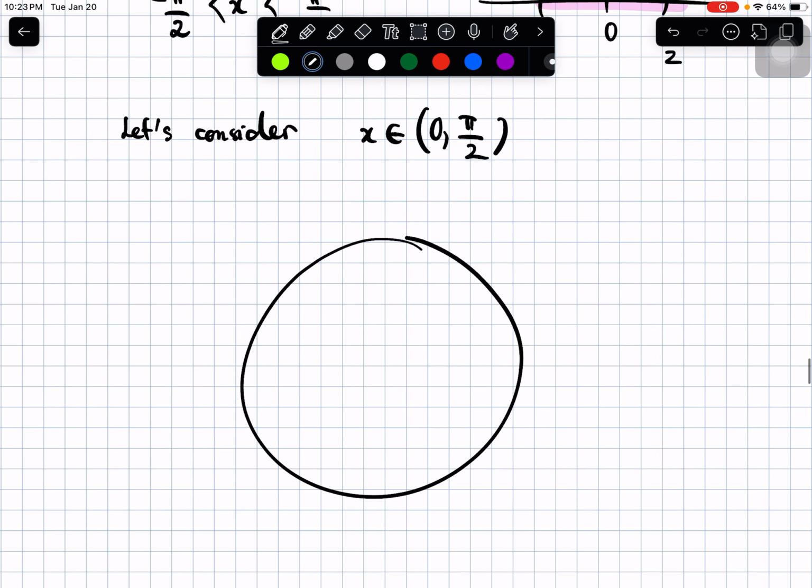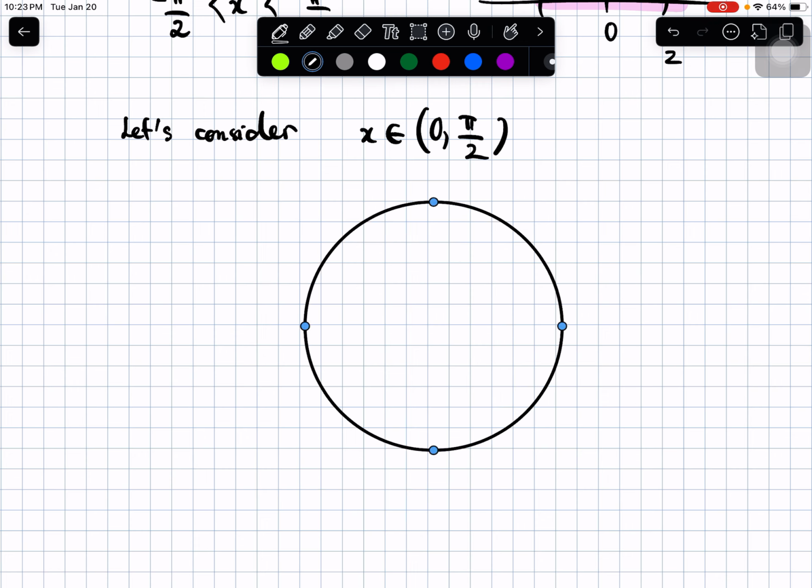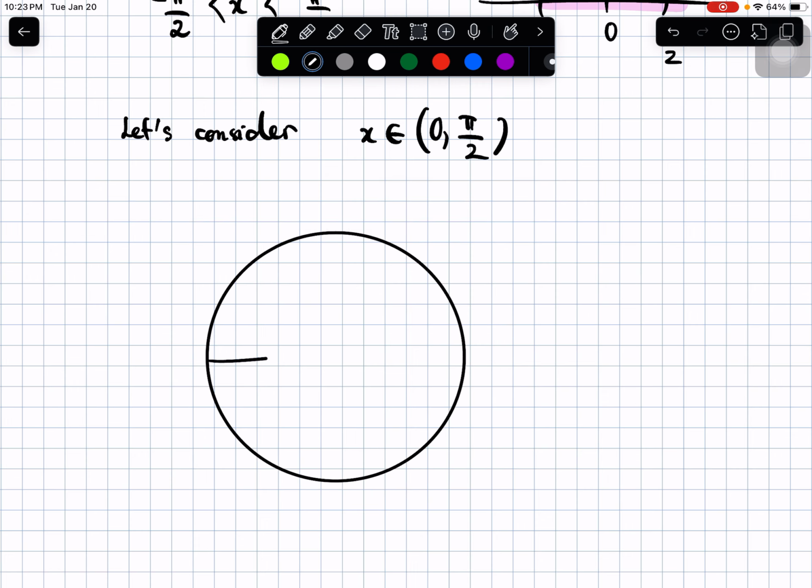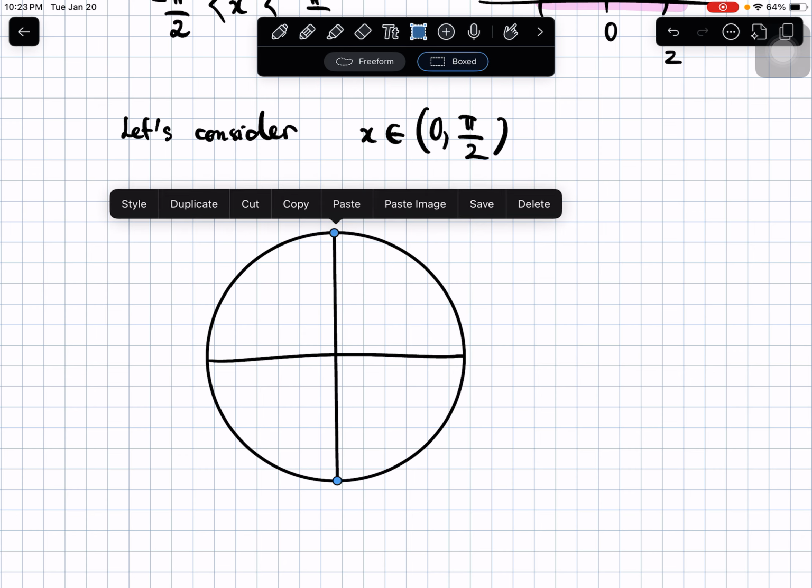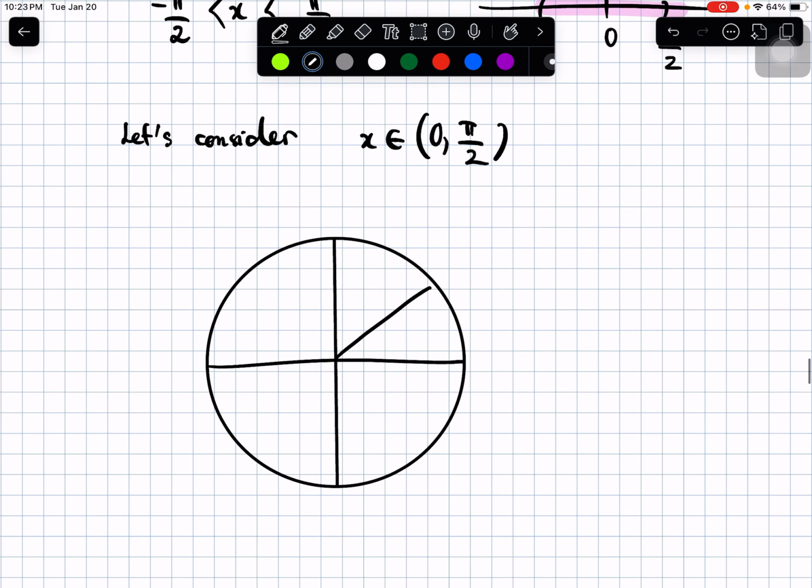So in the unit circle, x is here, between 0 and pi divided by 2.